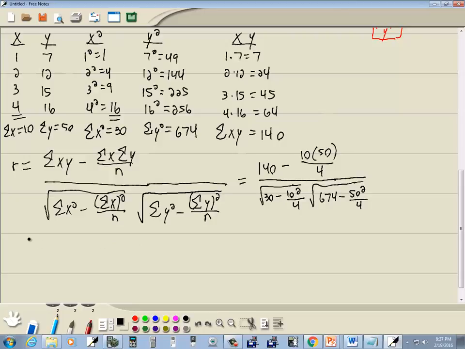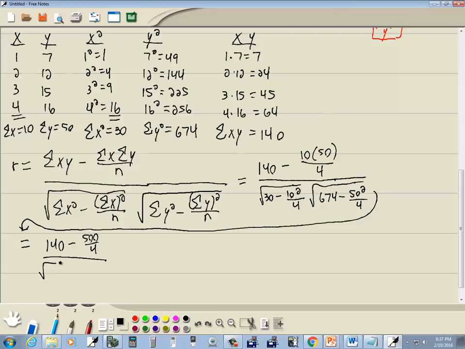Okay. Now continue it down here. So now we got 140 minus 10 times 50 is 500 divided by 4, over the square root of 30 minus 10 squared is 100 divided by 4 is 25. And then the square root of 674 minus 50 squared, which is 2500 over 4.